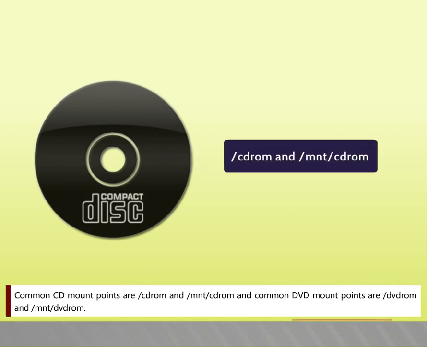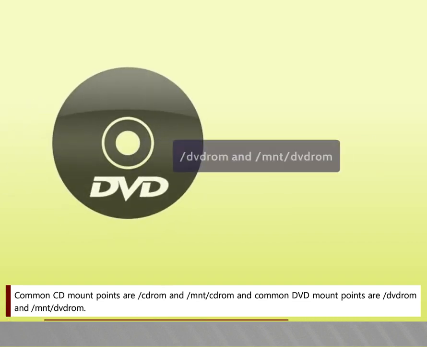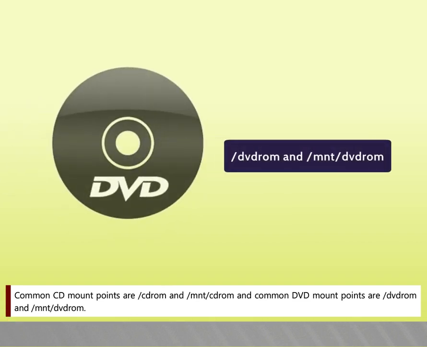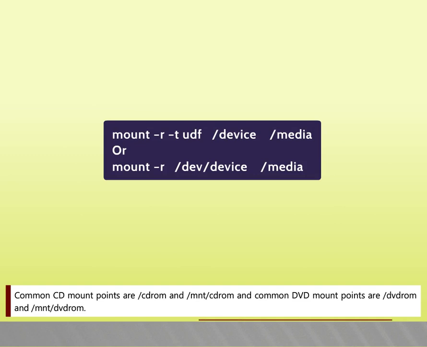Common CD mount points are /cdrom and /mnt/cdrom, and common DVD mount points are /dvdrom and /mnt/dvdrom. mount -t udf device /media or mount -r /dev/device /media.